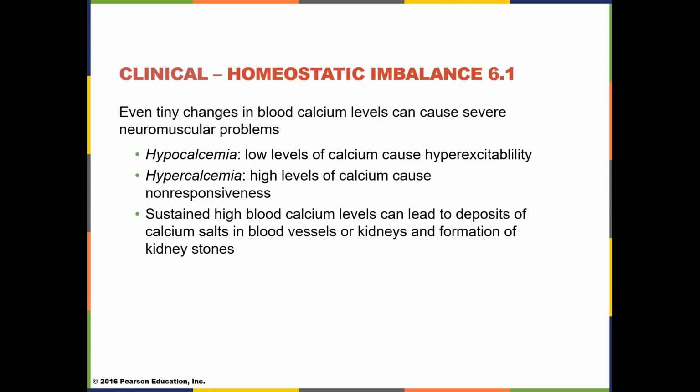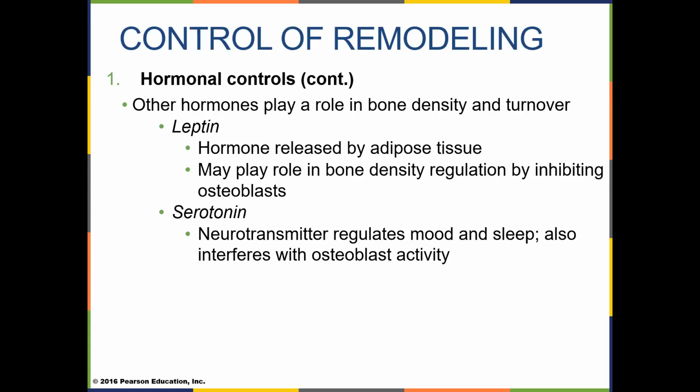So now, other hormones that play a role here: leptin, released by our fat cells. Leptin may inhibit osteoblast activity. We're not certain about that, but it may affect bone density.